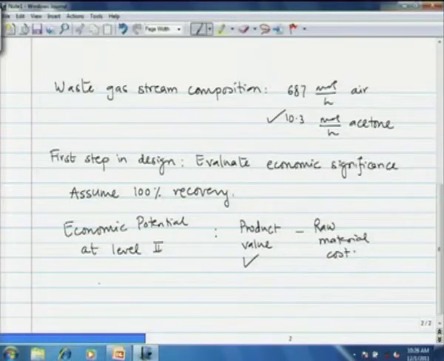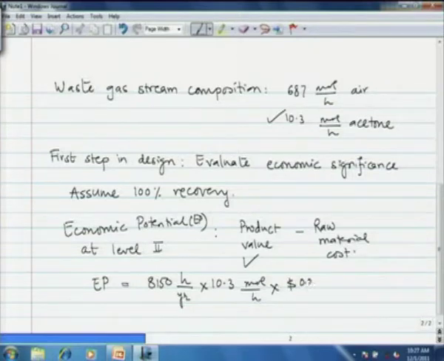Now, we have said that we will recover 100% of acetone. So, let us say that in a continuous process, the number of hours of operation is 8150 hours per year. Then 10.3 mole per hour is the acetone recovery. Let us say that the cost of acetone is 27 cents per pound and the molecular weight of acetone is 58 pound per mole.